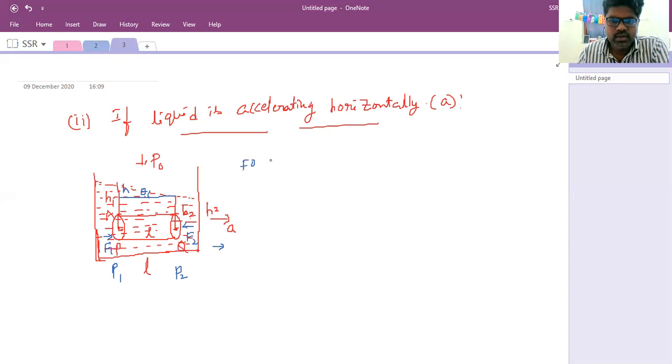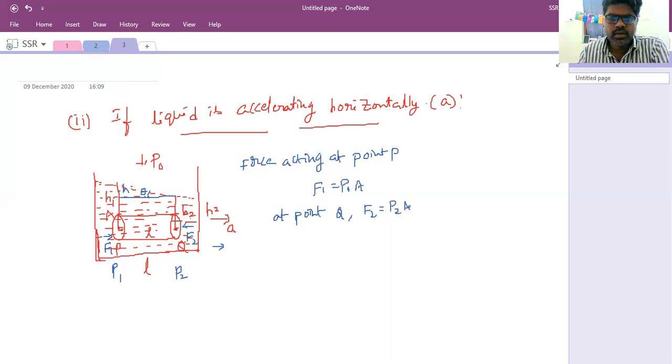The force acting at point P on the liquid at the horizontal level is F1, which is equal to P1 into area A. Similarly, at point Q, oppositely, F2 is acting. F2 is equal to P2 into area A.